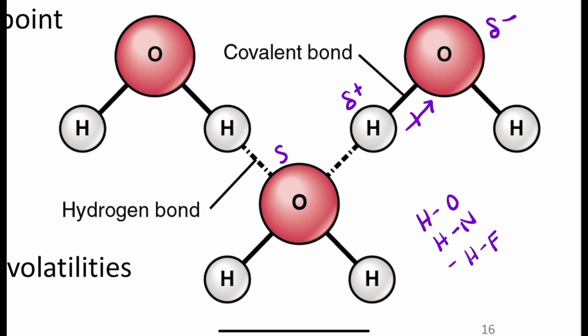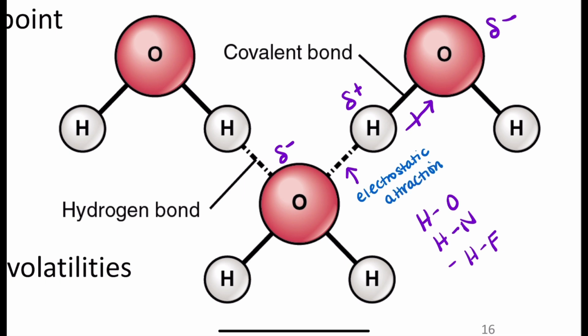And so when another oxygen from another water molecule is around, that hydrogen has a very partial positive charge, and the oxygen a very partial negative charge. The hydrogen forms an electrostatic attraction to just stabilize itself.